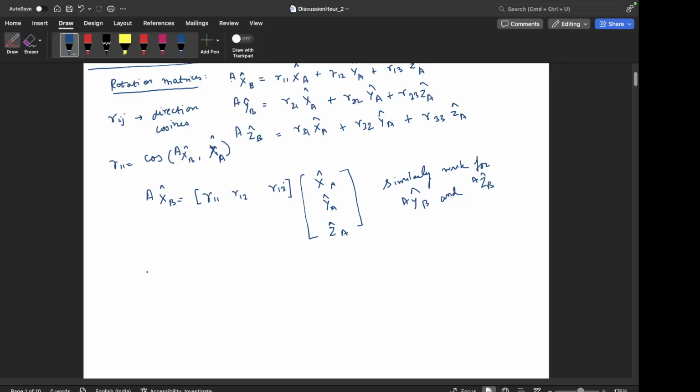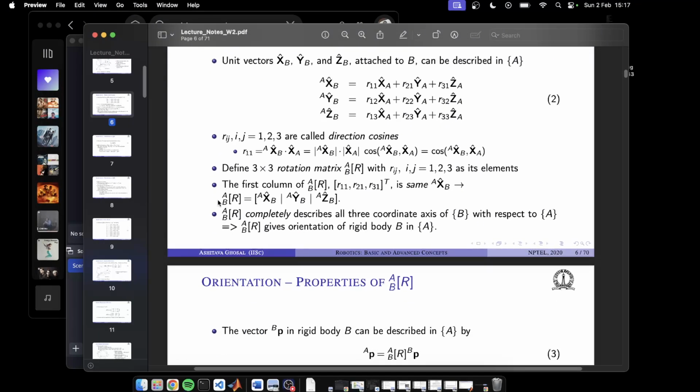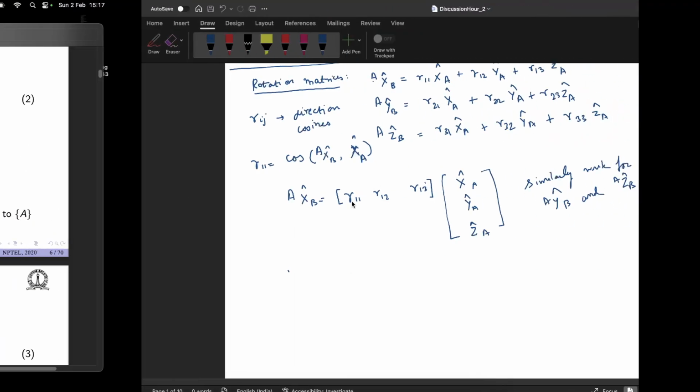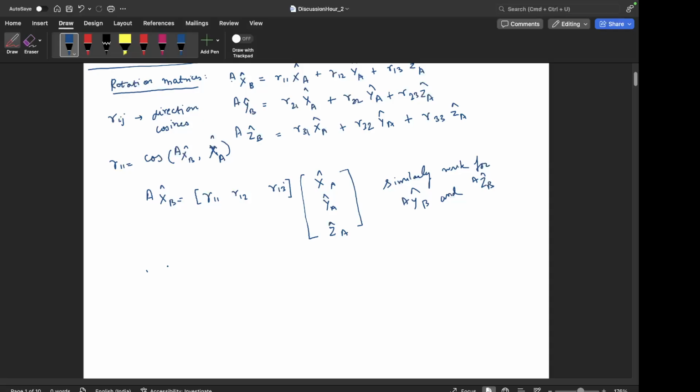So finally, what we get is that, right? So this is the, finally we get what is called as the rotation matrix, and that is basically collecting all these direction cosines. This is the rotation matrix.